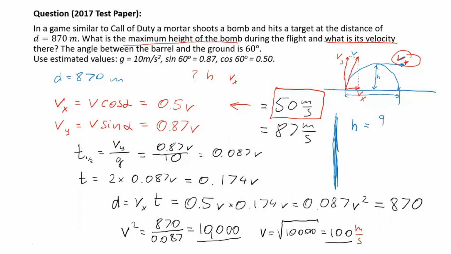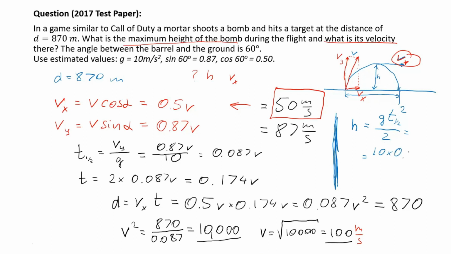Acceleration, which in our case is the gravitational acceleration g, times half time. Okay, it's again only half of the time that it has to go up and another half of the time to go down. So this is half of the time squared over 2. So I'll continue here, 10 times half of the time, it is 0.087 V.